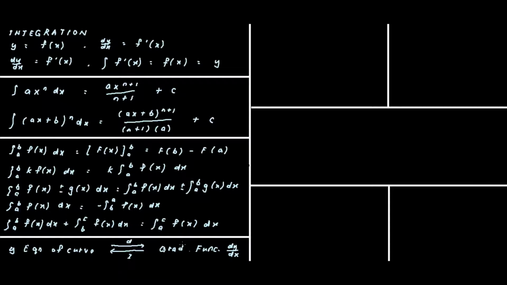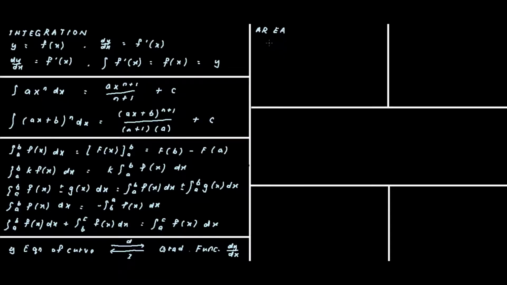The next one, something special that you learn in integration, which we do not have in differentiation, is what we call the area. If you can recall, for the area we learn two types.